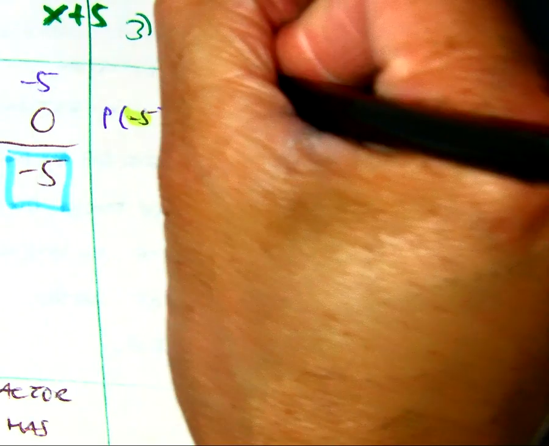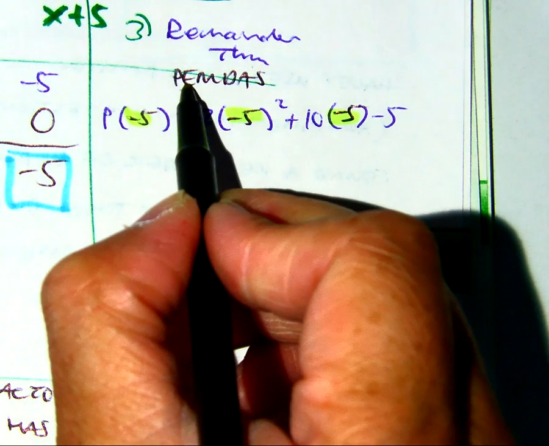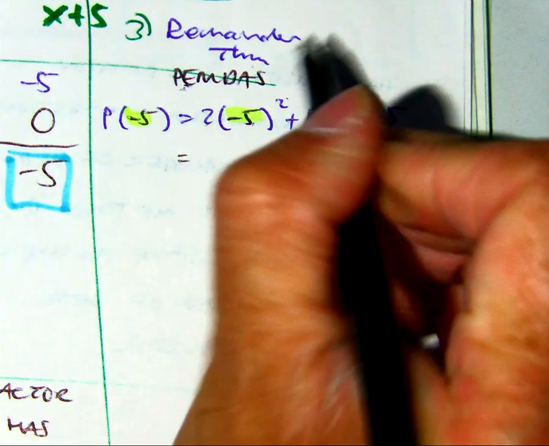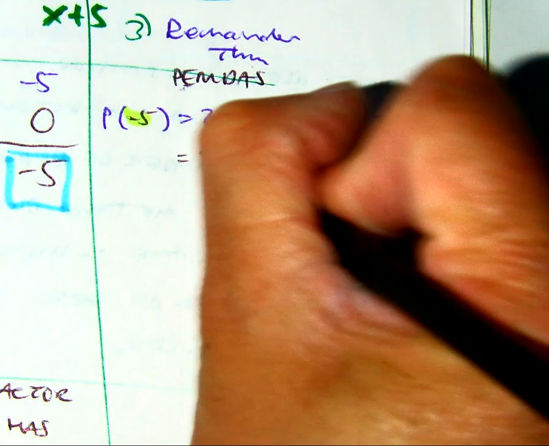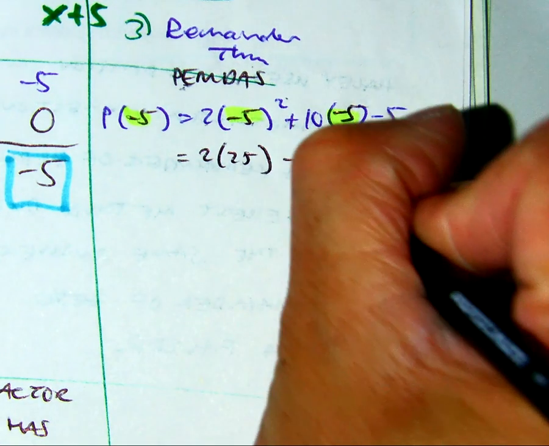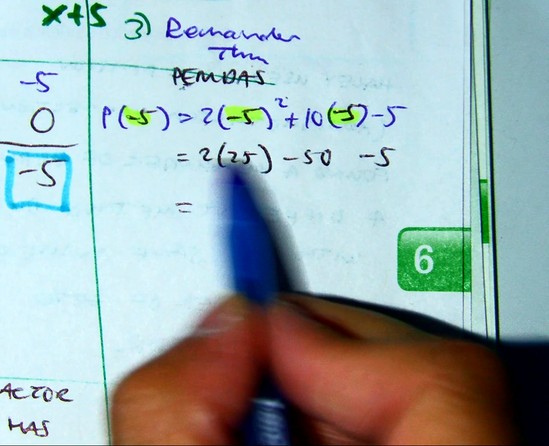Yeah, PEMDAS. We should have done exponent first. What's negative 5 times negative 5? Jesse, 10 times negative 5? Jesse, 2 times 25?